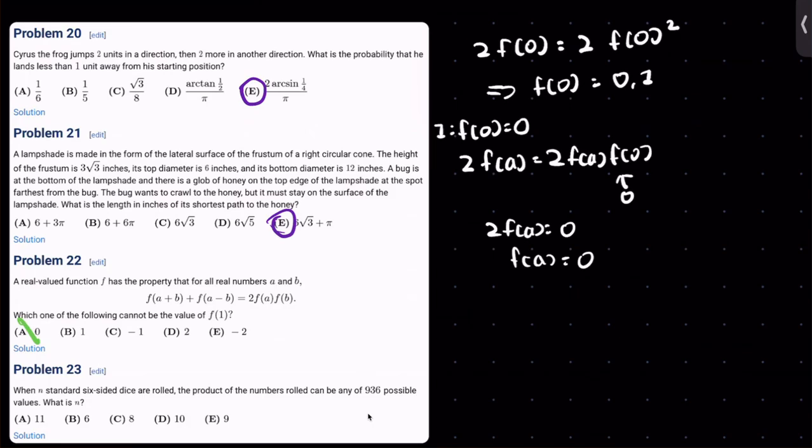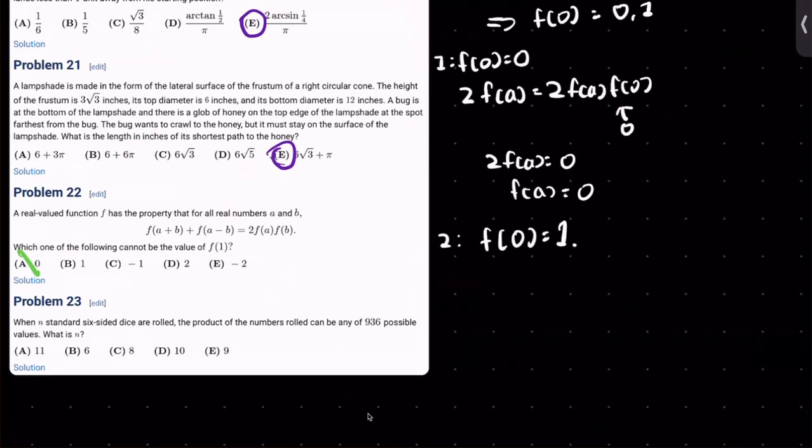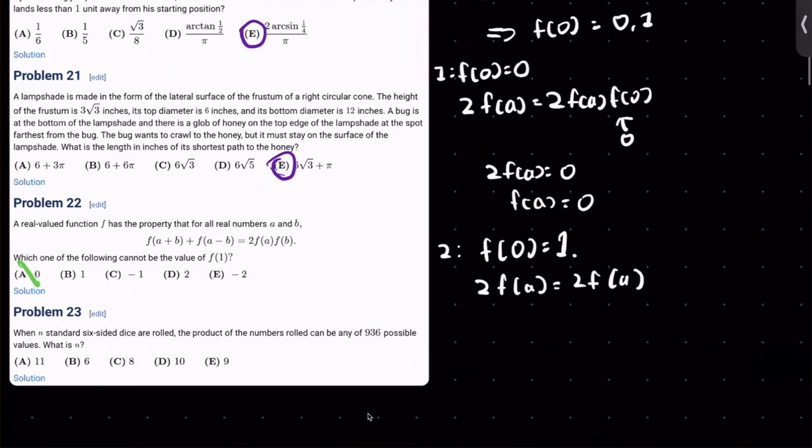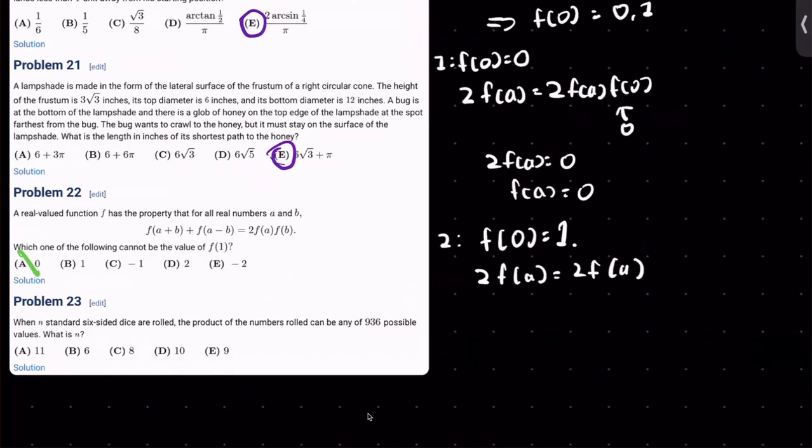Otherwise, let's consider case 2, where f of 0 is equal to 1. Then let's plug in b equals 0, the same thing. That gives us 2 f of a is equal to 2 f of a, which agrees with the statement. So we know that this works as another case. Let's keep continuing on with this.